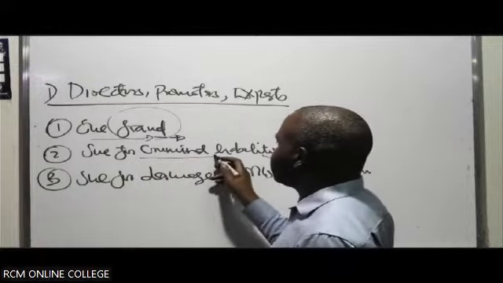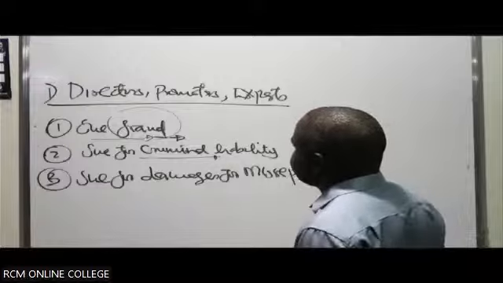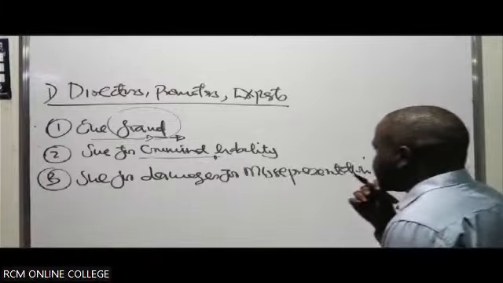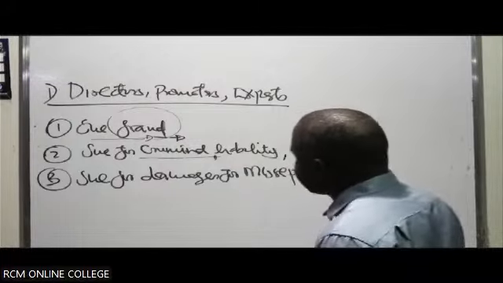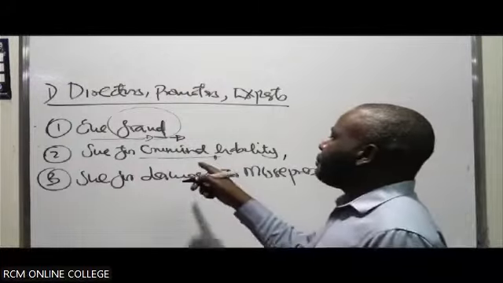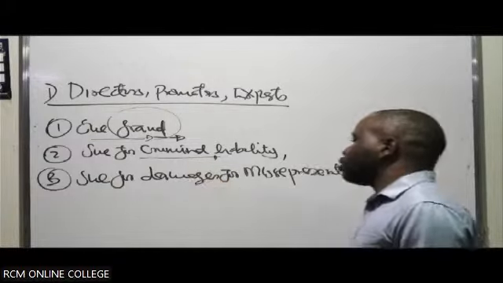If they breach any requirements of any statute law as directors, promoters, or experts, then the person who has suffered loss can sue for what? For criminal liability.